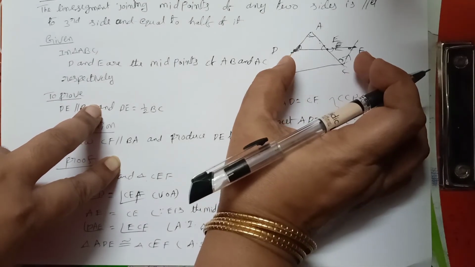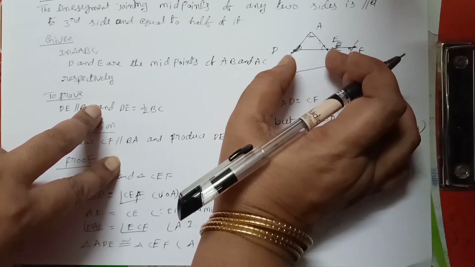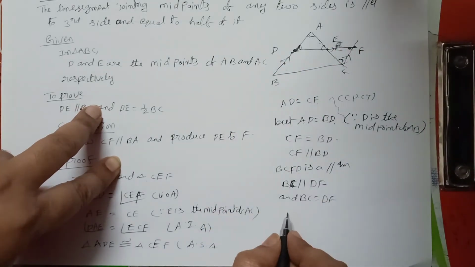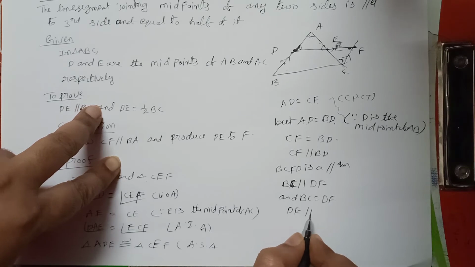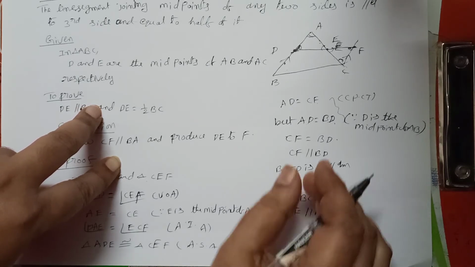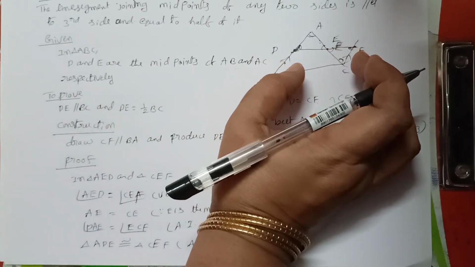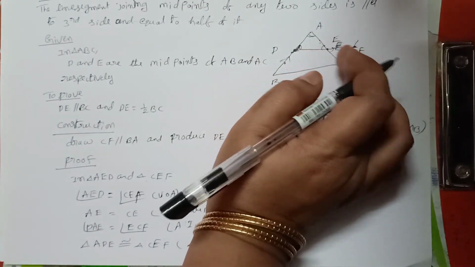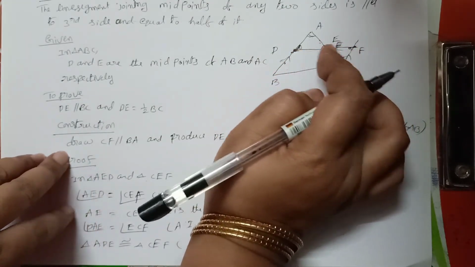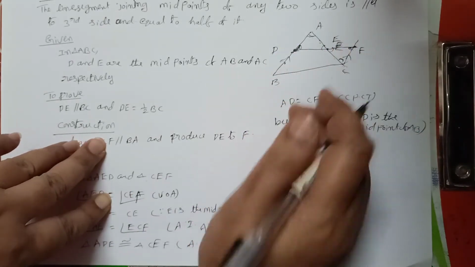BC parallel to DF means DE parallel to BC. But DE is equal to EF, that means DE is half of DF.